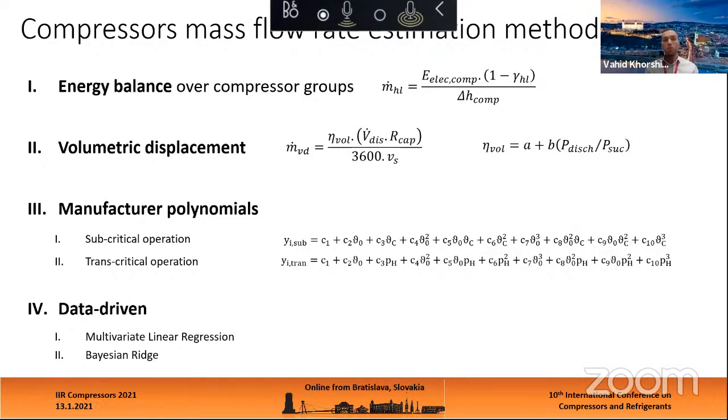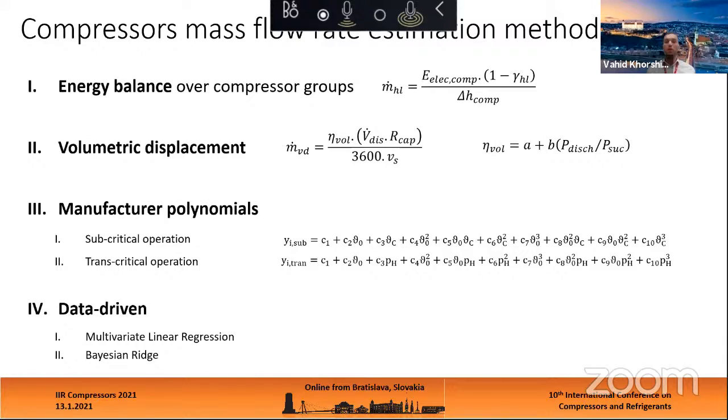The methods that are common practice in mass flow rate estimation of compressors can be divided into these categories. The most common ones are energy balance, volumetric displacement, and manufacturer polynomials. In energy balance, you simply take the enthalpy over the compressor, and you assume that you have a heat loss over the compressor, and then you calculate the energy balance.